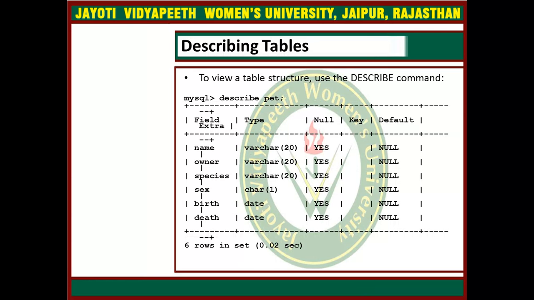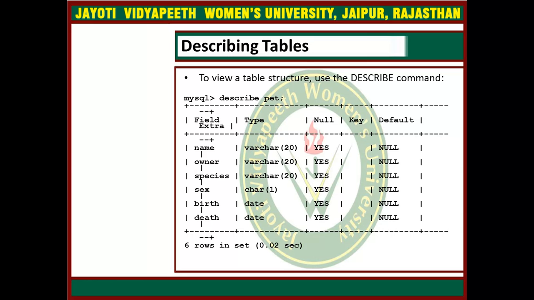These are the data types, and these are the values for null. Null means whether the column can be empty. If you have to fill all the columns, you specify no in the null column; otherwise yes. Then keys, if you want to specify a key. The default value is also null. And there are 6 rows, which means 6 entries.